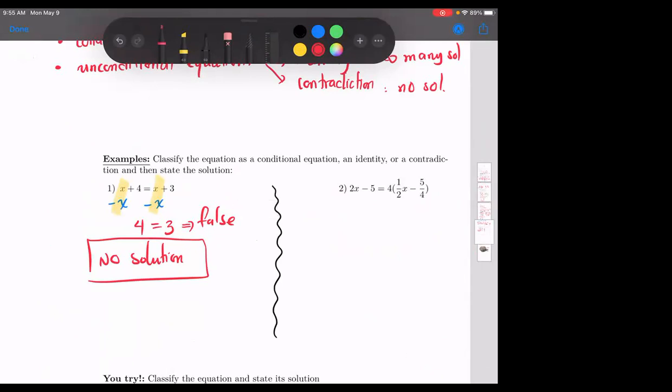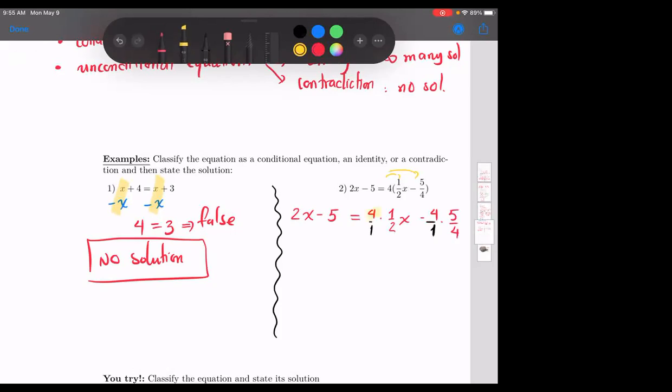The second one, let's solve it. I have 2x minus 5 on the left. On the right, I'm going to distribute the 4. Again, I like to write 4 over 1 times 1/2 x minus 4 over 1 times 5/4.